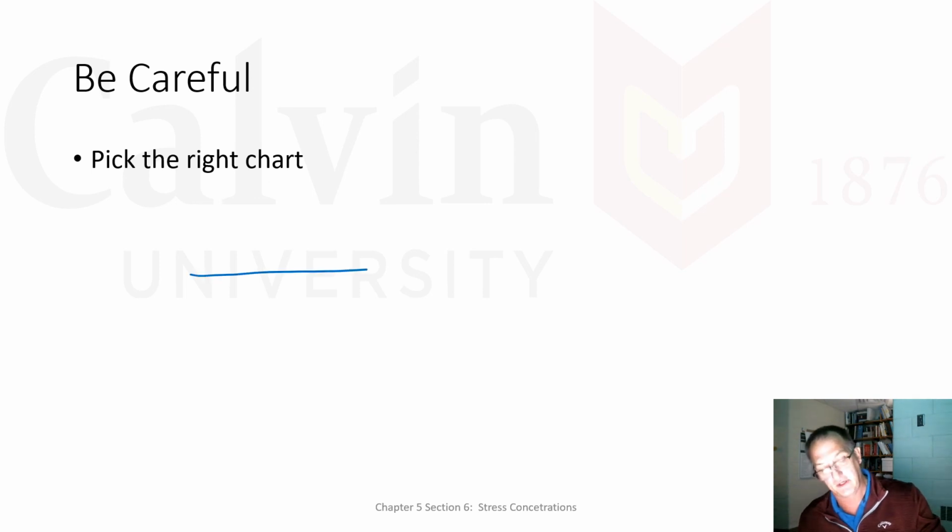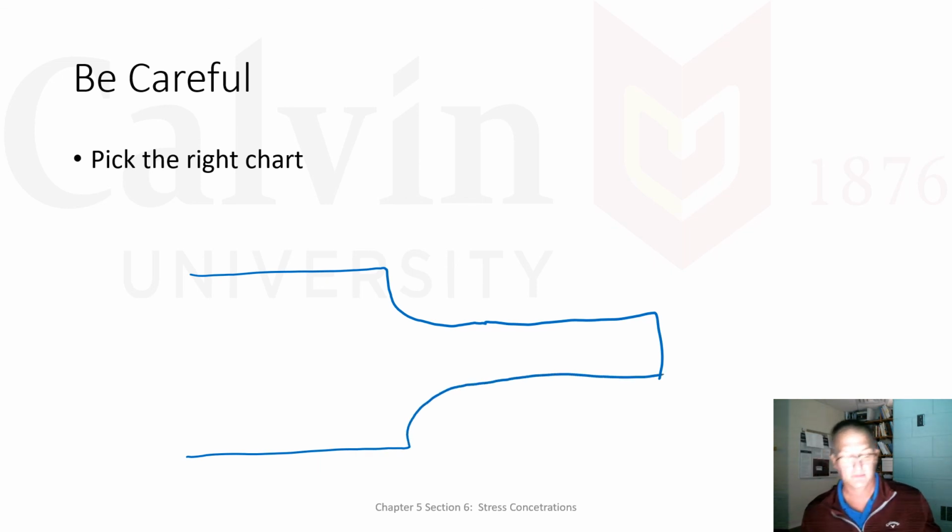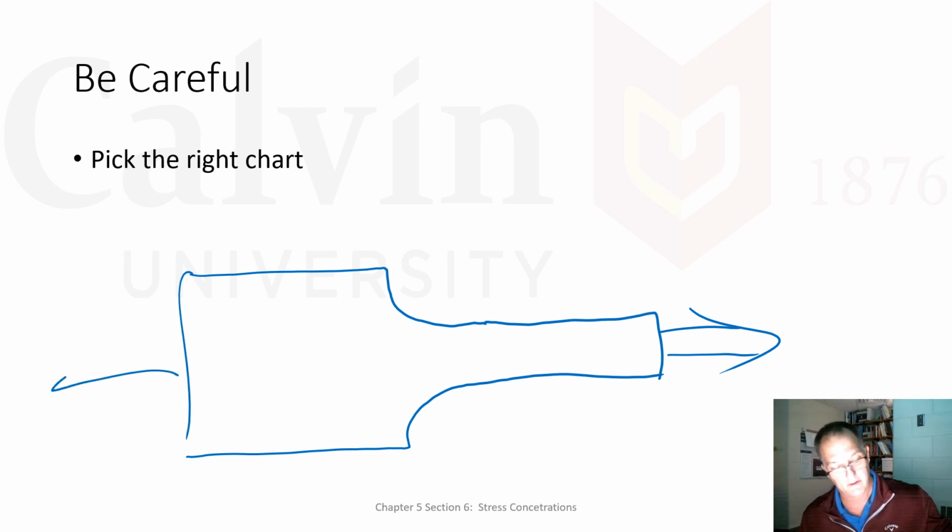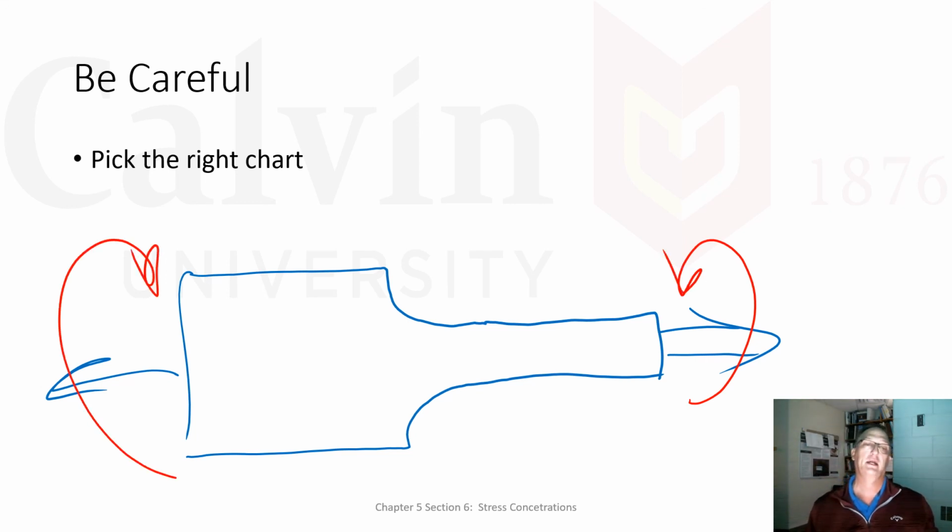We just finished with a chart that looks like this, something like that, where I'm putting an axial load on. And in chapter 6, I'm going to get that same chart, but they're going to put a torsional load on it. And it's going to be a different chart. And the K factor is going to be different. But you could certainly drop it right into the equation that we're using if you didn't know better.